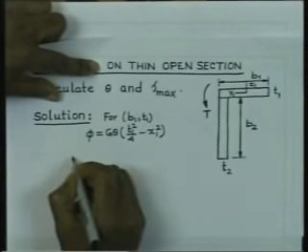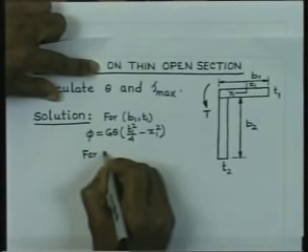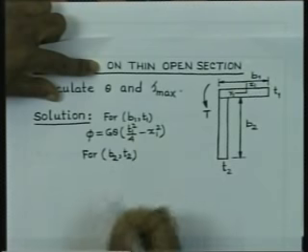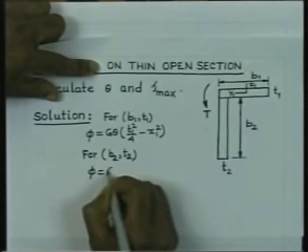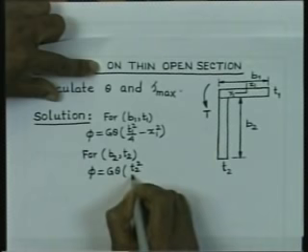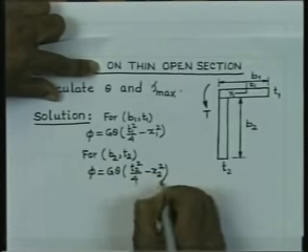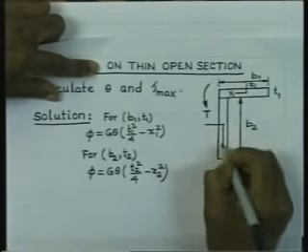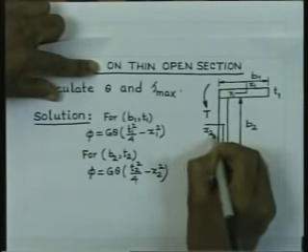Similarly, for branch 2, B2 T2, we can write phi is equal to g theta into T2 square by 4 minus x2 square, provided you consider that the axis for this segment is like this.